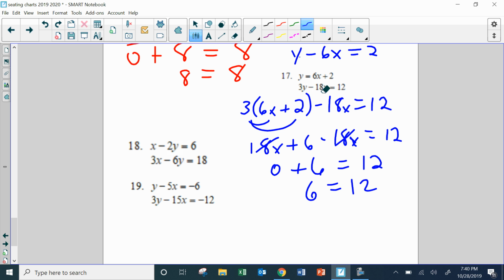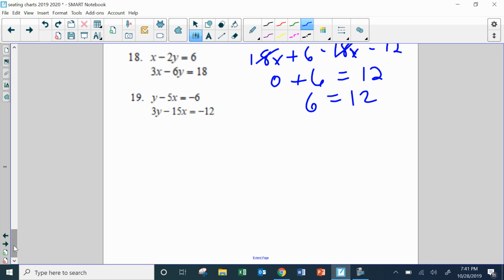If I multiply this y times 3, I get 3y. If I multiply this negative 6 times 3, I get negative 18x. But if I multiply this 2 by 3, I only get 6, not 12. So they are not the same equation. This makes sense that I would get 2 lines that are parallel, but they're not right on top of each other, so they'll never intersect. That means there's no solution. So that makes more sense now, and I feel pretty comfortable about it.